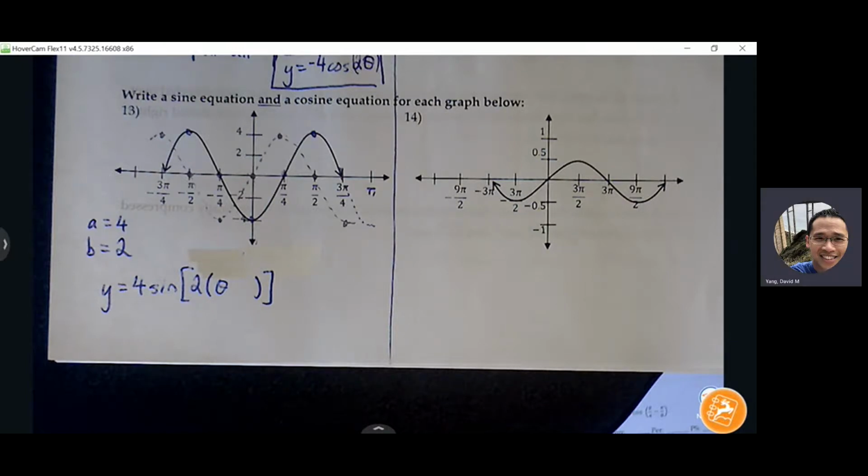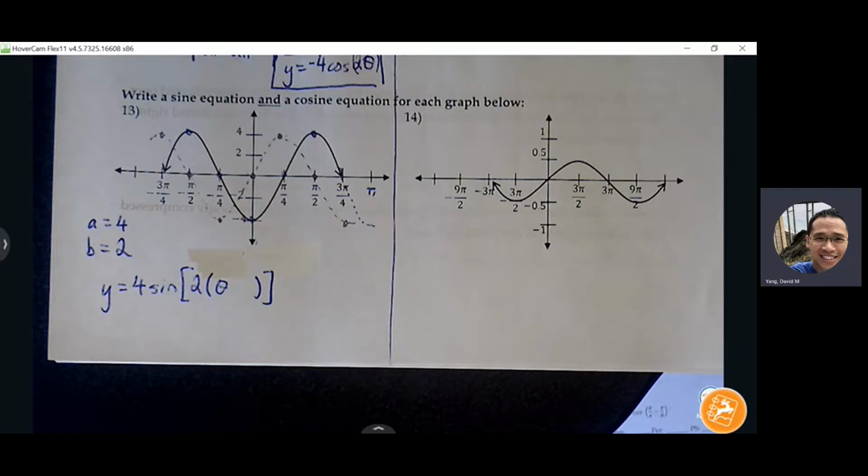Now, what we're going to do is try to figure out what I can do with the dotted line to make it turn into the graph that I'm trying to write the equation for. What can I do with that dotted line to shift it in place? Shift it to the right.